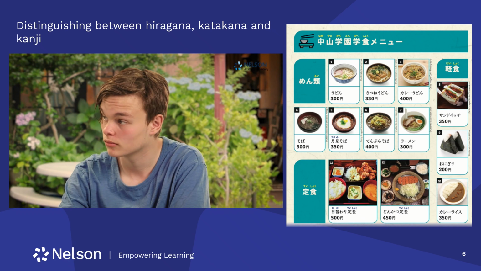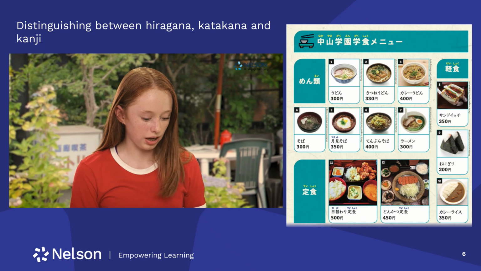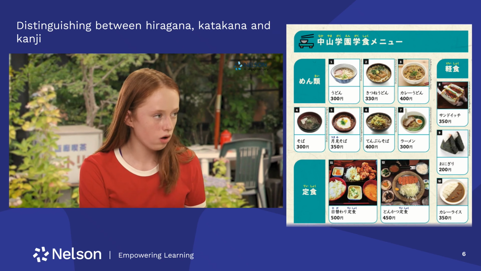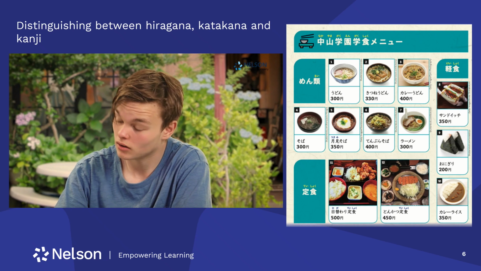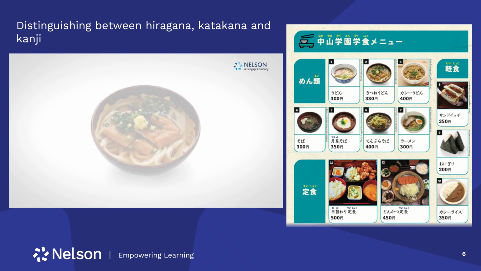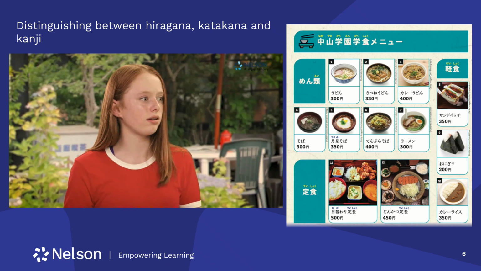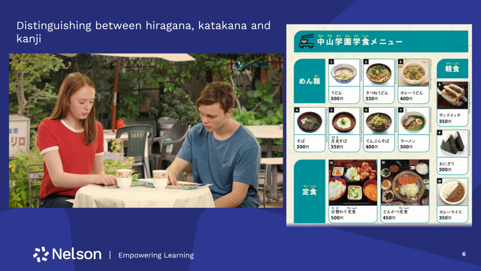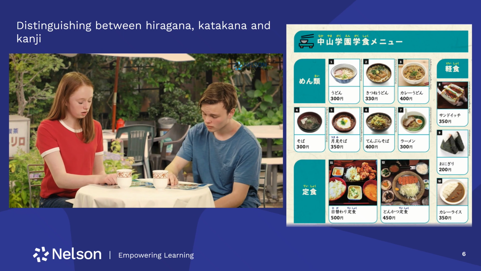U, do, n. U, do, n. Yeah, udon, which means noodles. Udon. Sounds good to me. And the same characters, hiragana, are in the next one as well. What kind of noodles are they? They're kitsune udon. Kitsune udon. So you mean each one of those hiragana is a separate sound? Yes. The third one is udon too, but the three characters in front of it look a bit different.